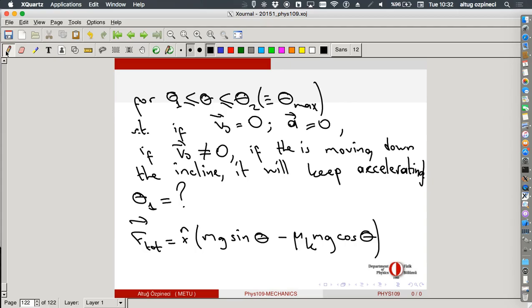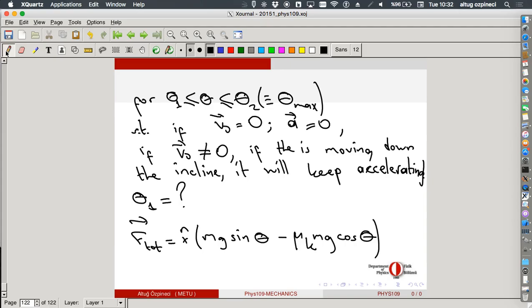So you see, in this case, if I give it a small push, it decelerates. In this case, if I give it a small push, it accelerates downhill. Now, right at the value of theta 1, the total force would be zero, so it will just move with zero acceleration. For theta larger than theta 1, the total force will be in the plus x direction. For theta smaller than theta 1, the force will be in the minus x direction. You see these two components.